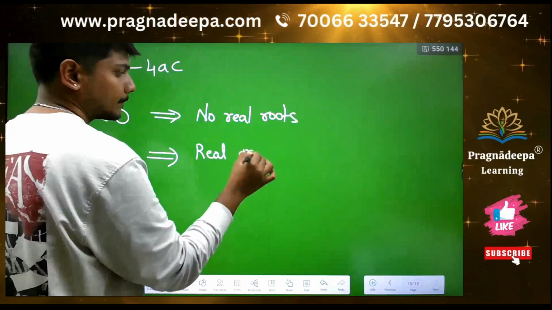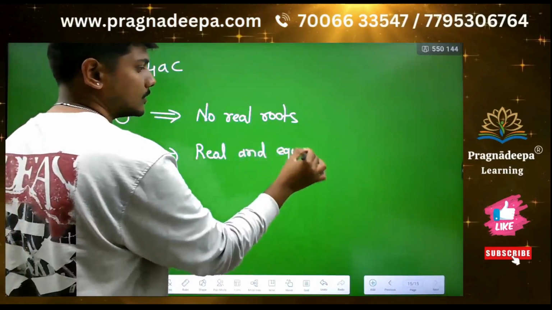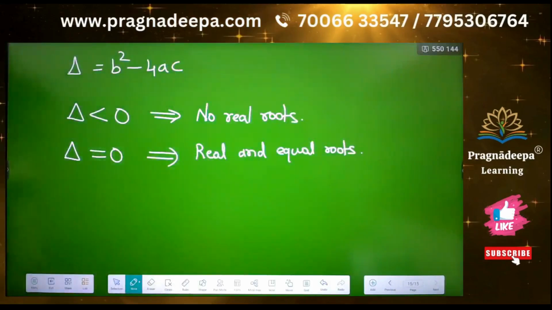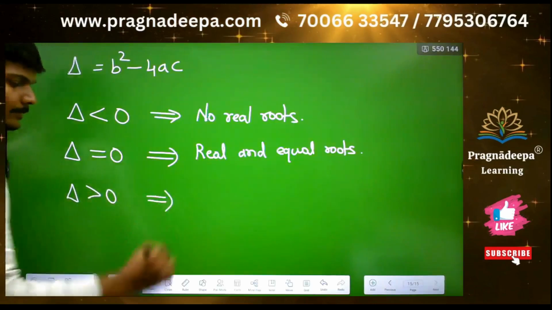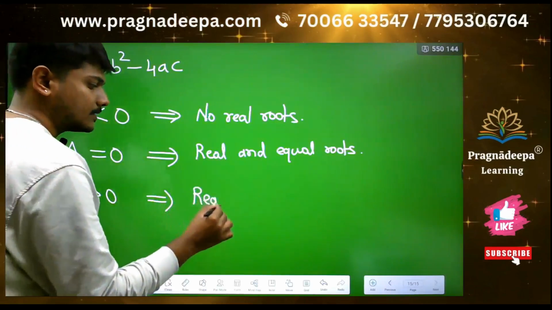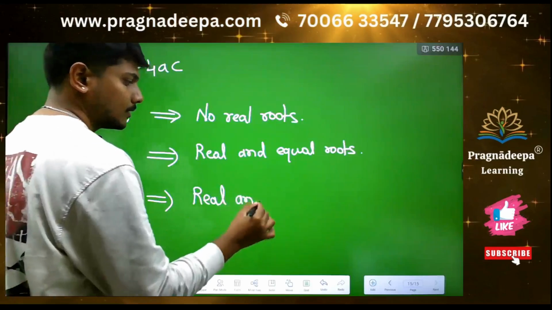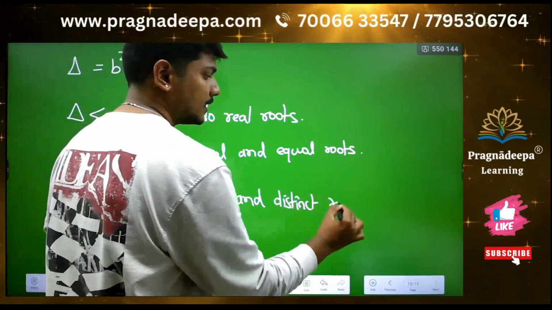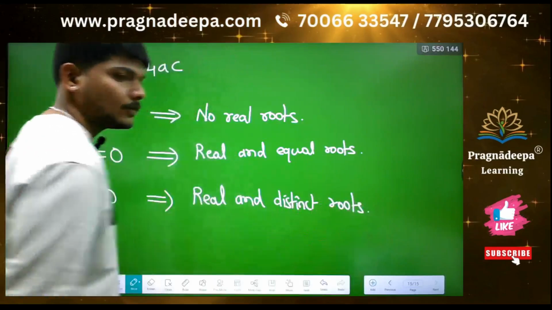Real and equal roots. If delta is greater than 0, real and distinct roots. Distinct roots.